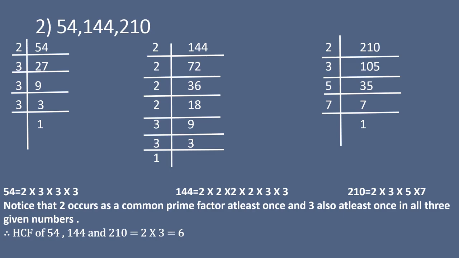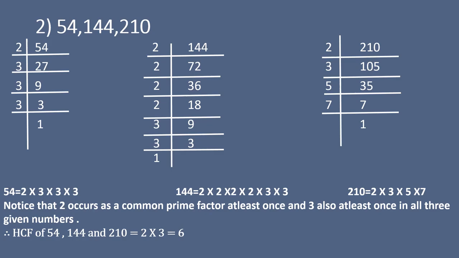So we have to take the least number of times, that is 1. So we will take out 1 time 2. Now check 3. In 54, 3 comes 3 times. In 144, 3 comes 2 times, and in 210, 3 comes 1 time. So 1 time we will take out 3 also, because this is the least number of times 3 comes.